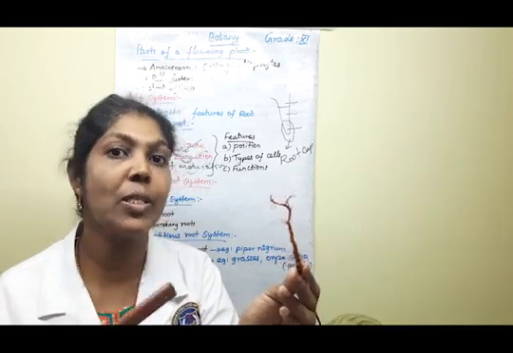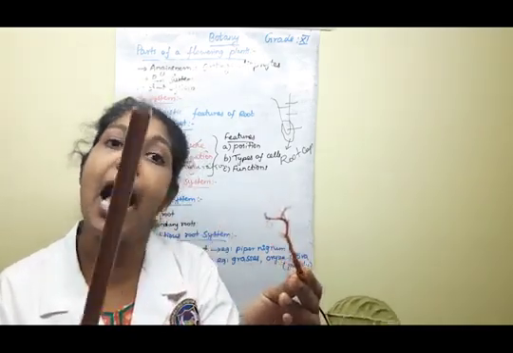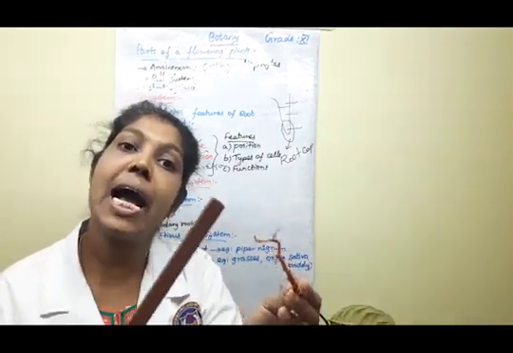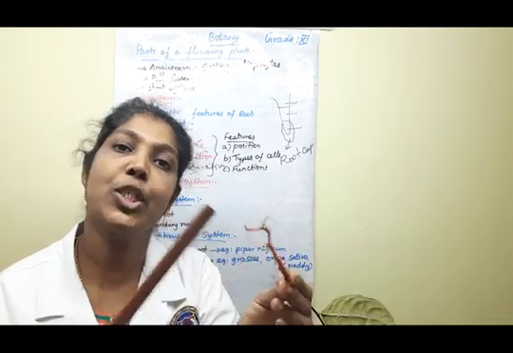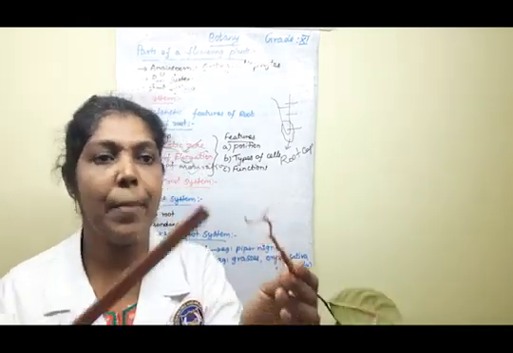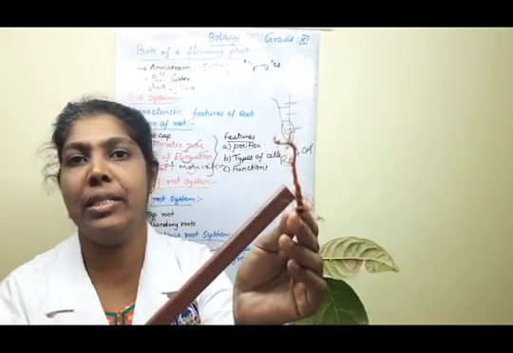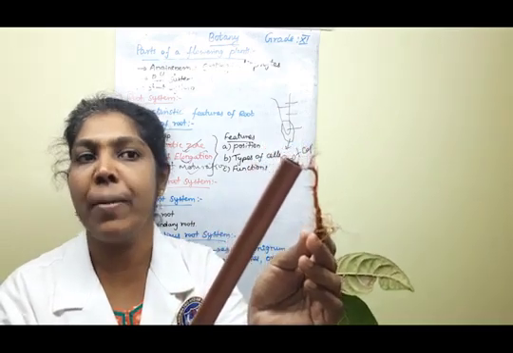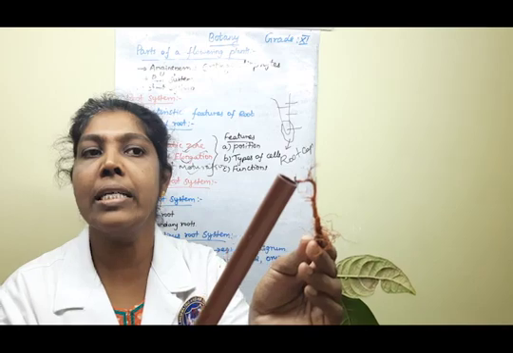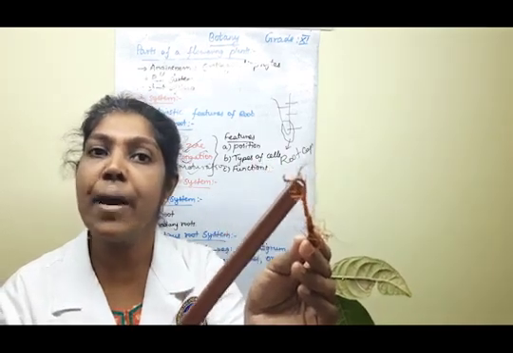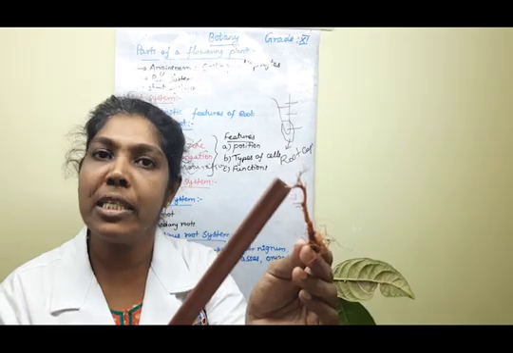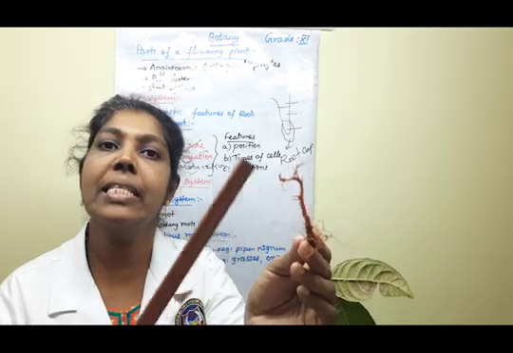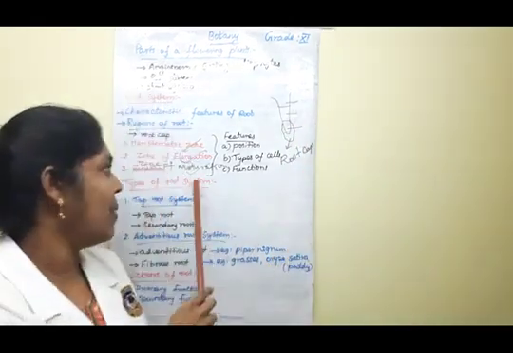In the second zone, the zone of elongation just lies above the meristematic zone. Finally, the zone of maturation just lies above the zone of elongation. Clear, children? Say yes or no?